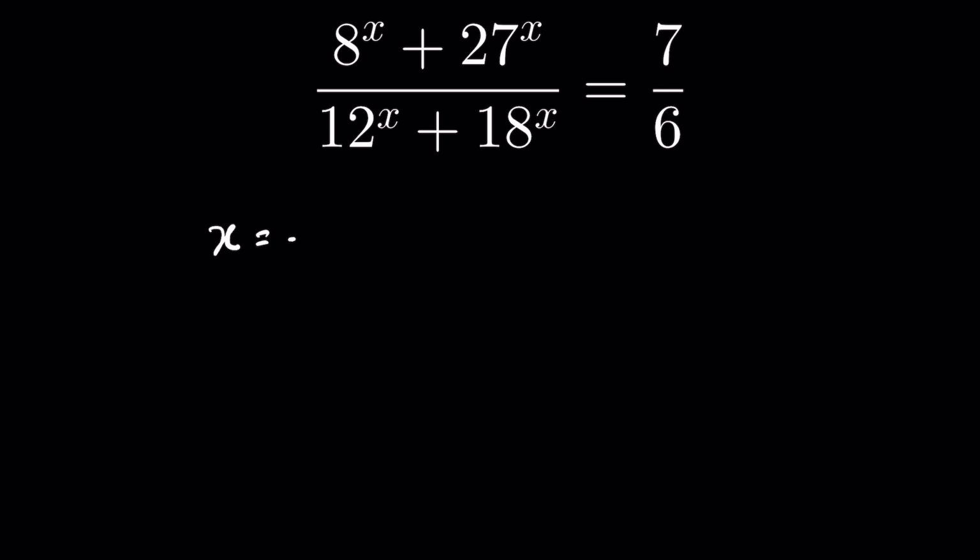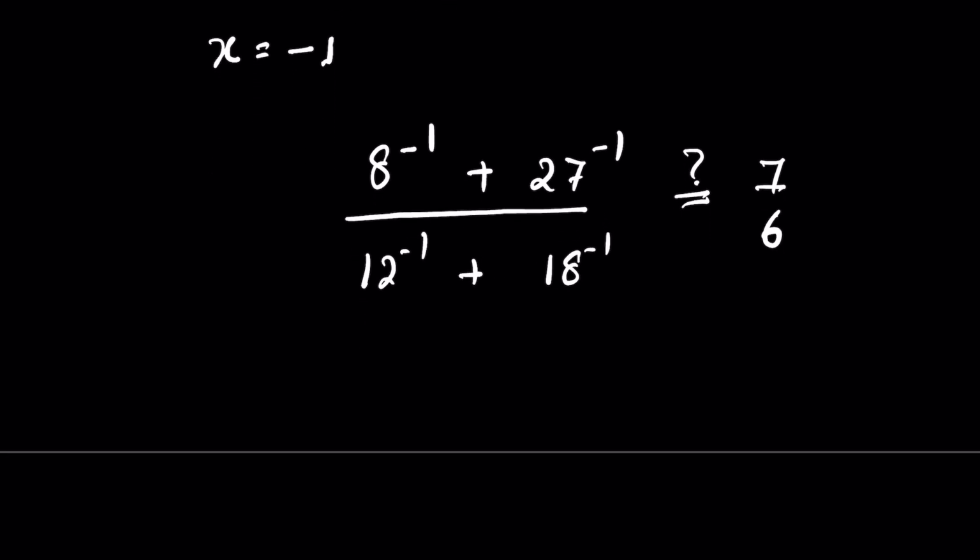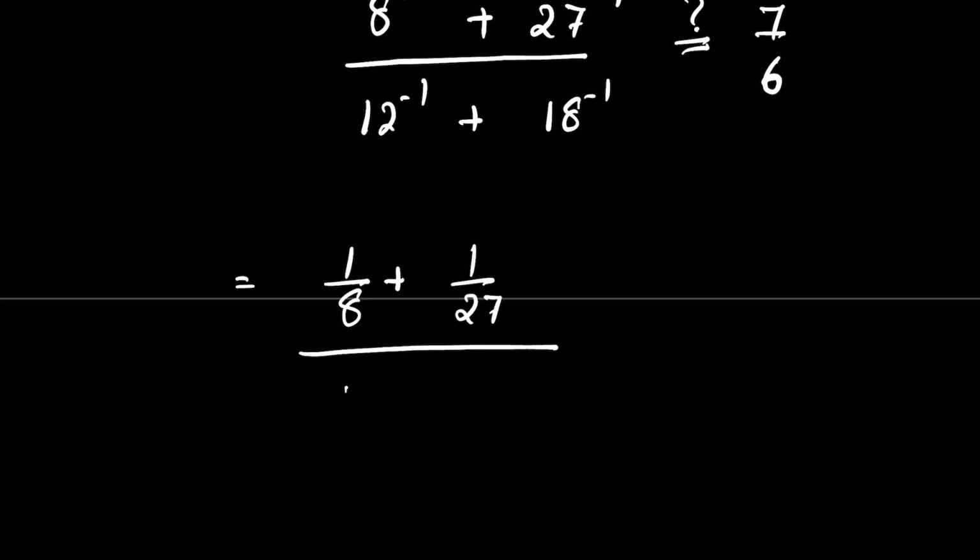When x is equal to minus 1, then 8 to the power minus 1 plus 27 to the power minus 1 upon 12 to the power minus 1 plus 18 to the power minus 1. Let's check whether it is equal to 7 upon 6. Negative exponent means 1 upon 8 plus 1 upon 27, upon 1 upon 12 plus 1 upon 18.